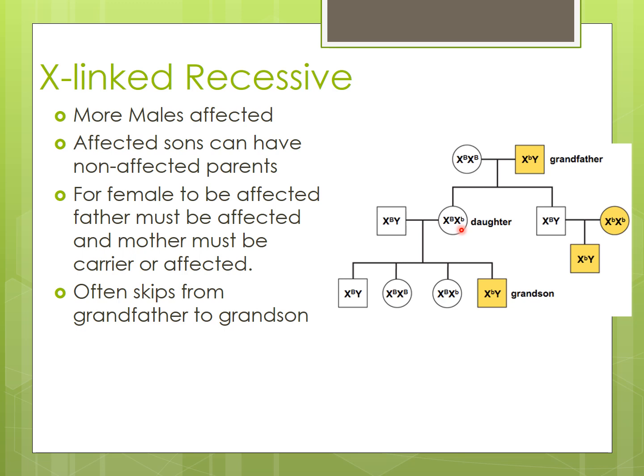He was presented with the recessive allele, so this would be an affected grandson. And so you have this pattern of skipping a generation, from the grandfather to the grandson being affected, because you had the unaffected carrier daughter.